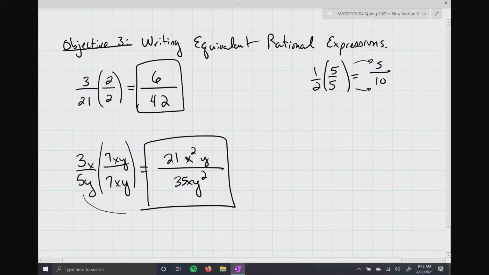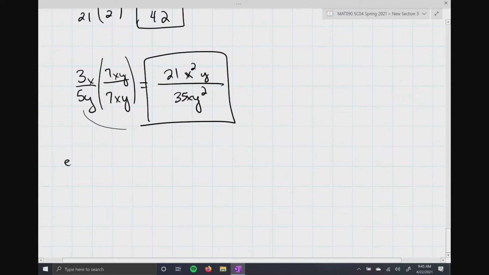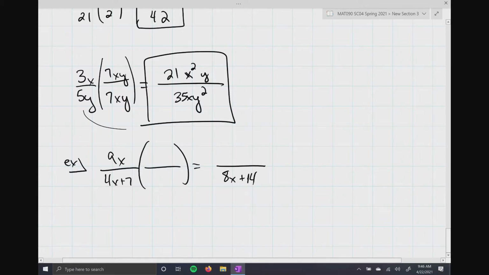So let's do what I think is an easier problem. Here's one more. We're going to do 9x over 4x plus 7 equals, oh, sorry, let me give myself some space, 8x plus 14.